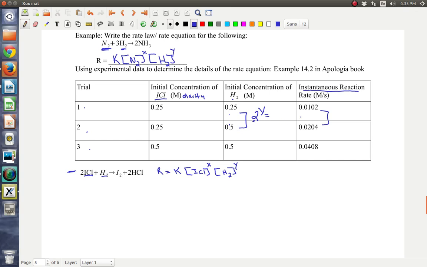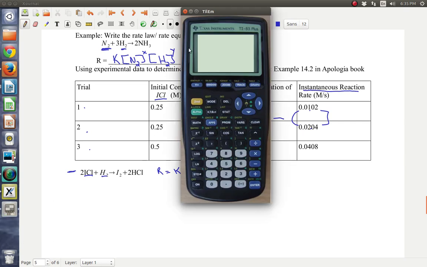Okay? Now we look at the rates. We're going to get the value from the rate change. So the second one divided by the first one again. We can pull up our calculator if you need to, and we can see that the second one, 0.0204, divided by the first one, 0.0102, gives me that second piece.